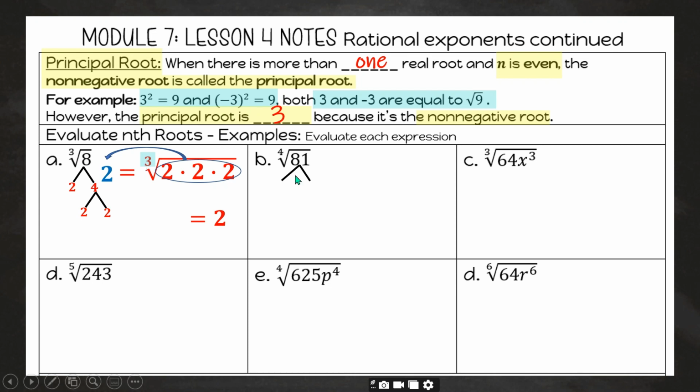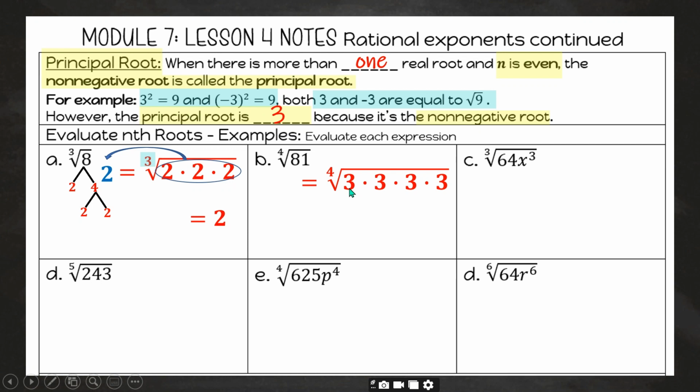Okay, so now I'm going to look for the fourth root of 81. So first thing I'm going to do is find the factors of 81. Well, most of you would tell me that 81 is 9 times 9. Those are the easiest factors for you to think of, I'm guessing. So the factors of 9 are 3 times 3. And the factors of our other 9 are also 3 times 3. So the fourth root of 81, I could rewrite to be the fourth root of 3 times 3 times 3 times 3.